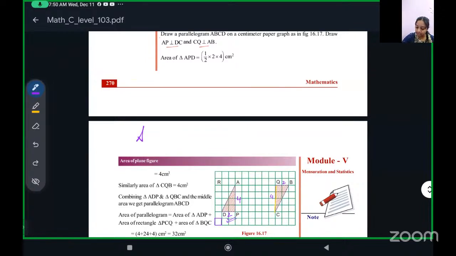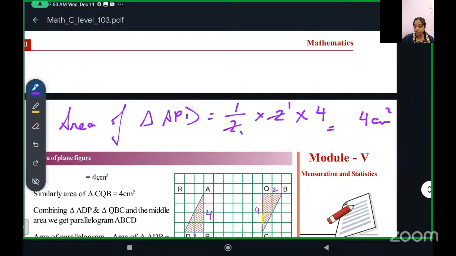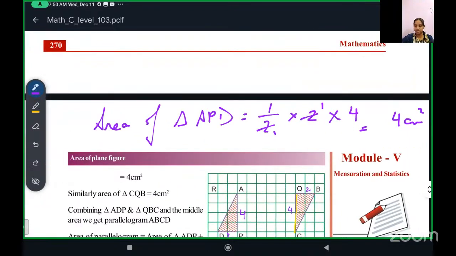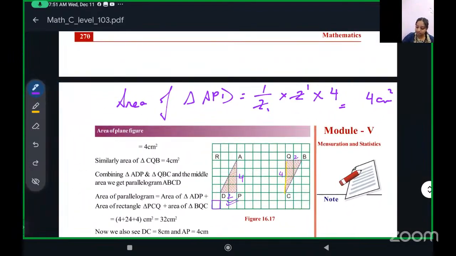Area of triangle APD equals half into base, that is 2, into 4, that is height. Cancel 2 and 2, we get 4 centimeters square. So we have the area 4 centimeters square for the triangle.